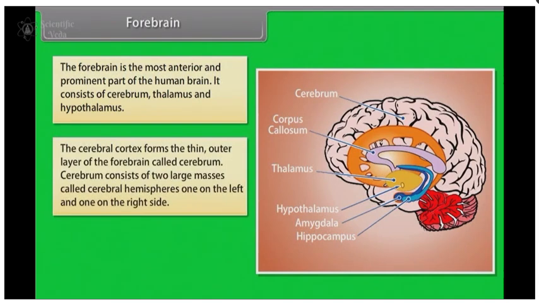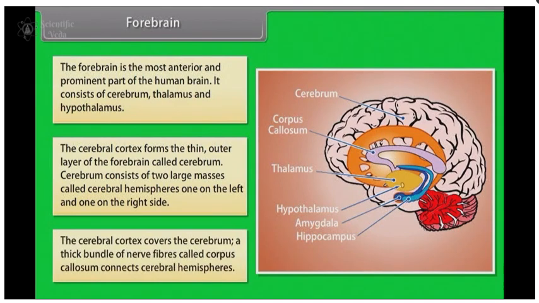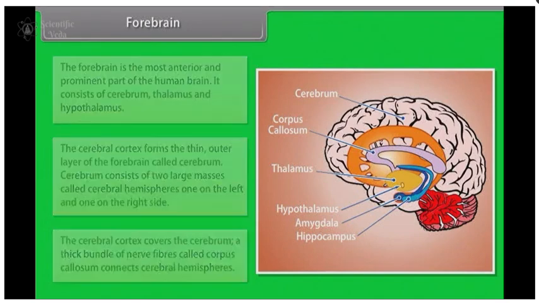The cerebral cortex forms the thin outer layer of the forebrain called the cerebrum. The cerebrum consists of two large masses called cerebral hemispheres, one on the left and one on the right side. The cerebral cortex covers the cerebrum. A thick bundle of nerve fibers called the corpus callosum connects the cerebral hemispheres.